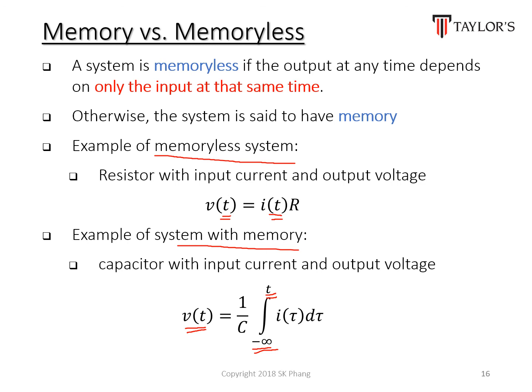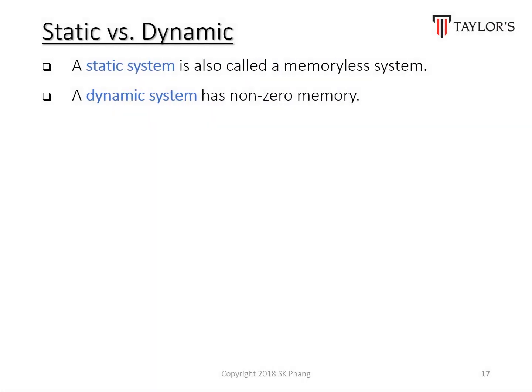So this is called a system with memory, where it depends not only on the current time, but also on the past time. The dynamic and static system are just different names for memory and memoryless systems. A static system is a memoryless system because it is static, it depends only on the current time. A dynamic system is a system with memory because it is dynamic, it changes with time.